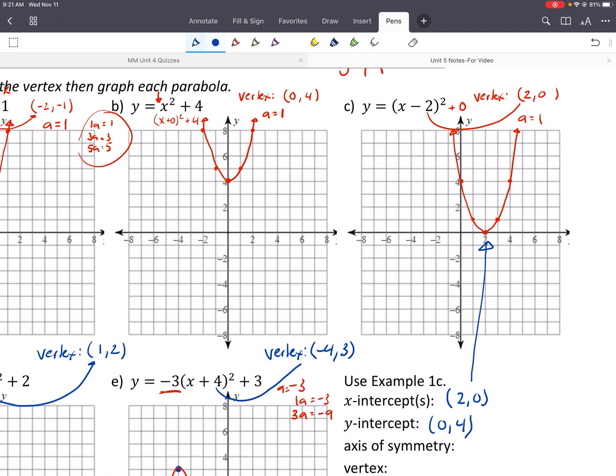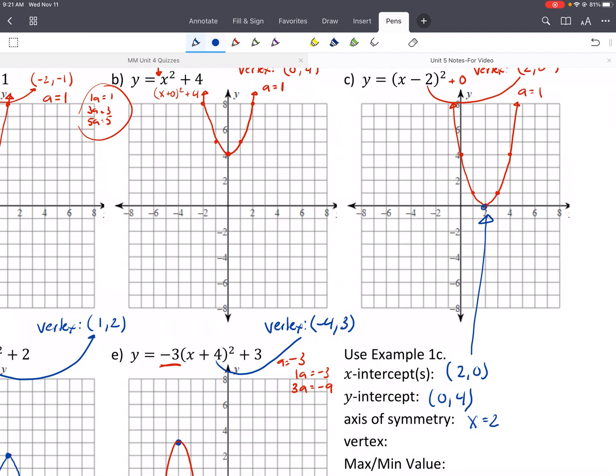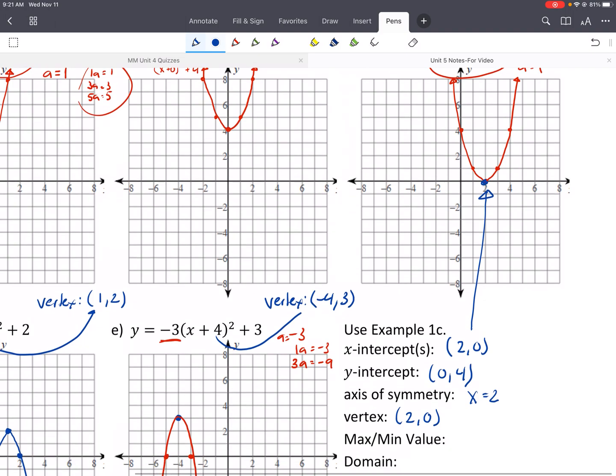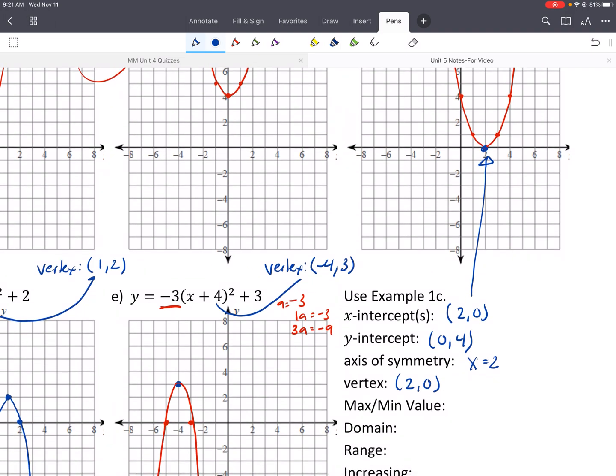Axis of symmetry is x equals 2. The vertex is 2, 0. It's also the x-intercept. Is the vertex a maximum or a minimum? It's a minimum. And its value would be 0.